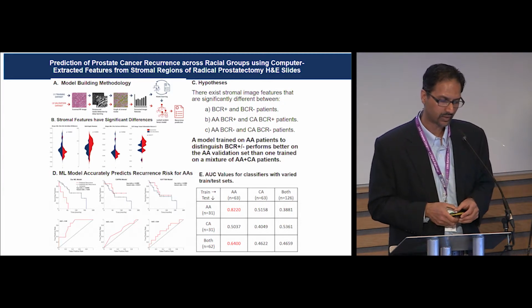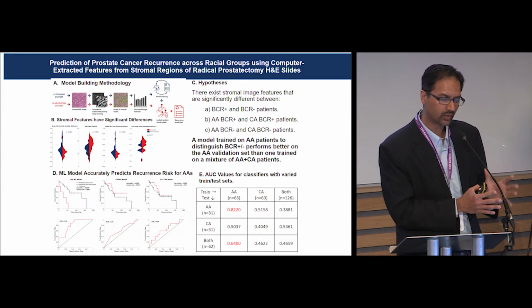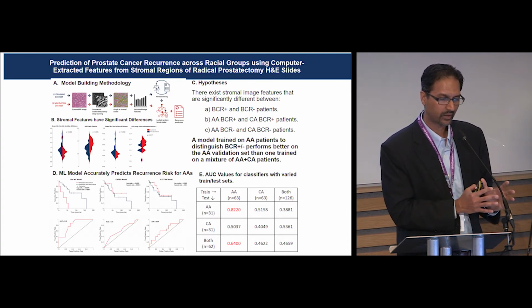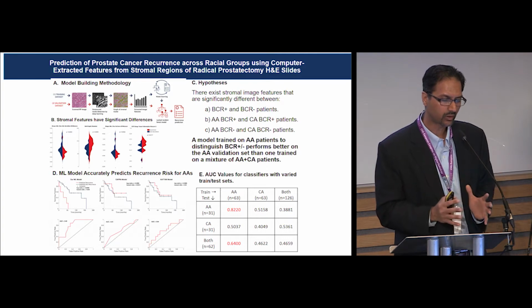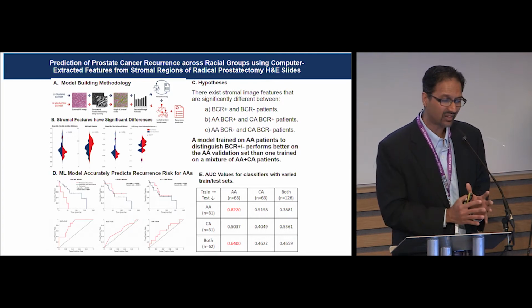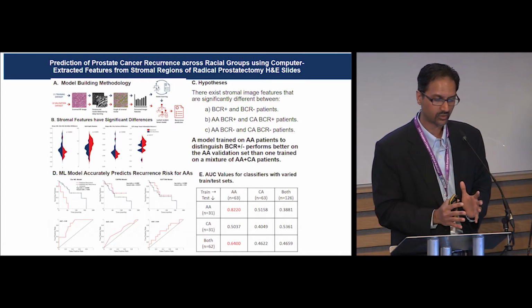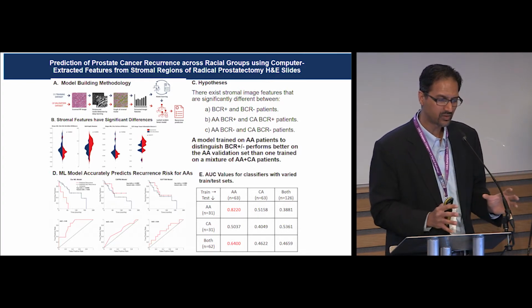This is work we presented at the ASCO meeting, where we again found that patterns of stromal morphology in African American patients were strongly prognostic of biochemical recurrence. In prostate cancer patients, African Americans versus Caucasian Americans, there were distinct differences in stromal morphology with respect to the disease.